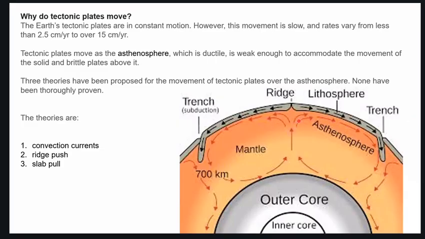When it gets to the surface, it starts cooling down and moving down, until it goes back again, gets hot, and comes up, just like the process I explained with the hot water. That is what is explained as the convection current that is moving the tectonic plates.